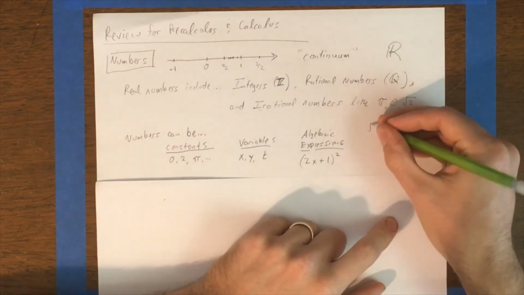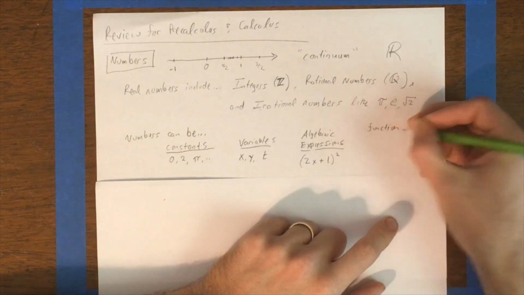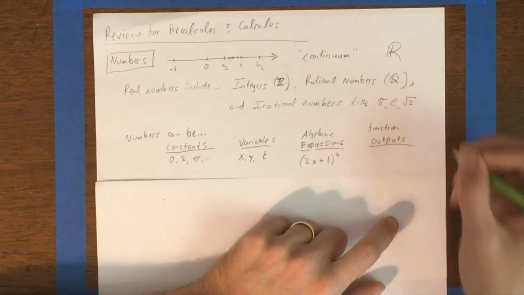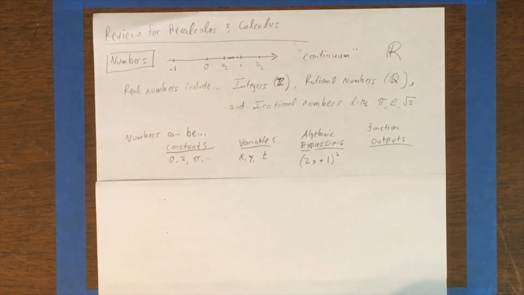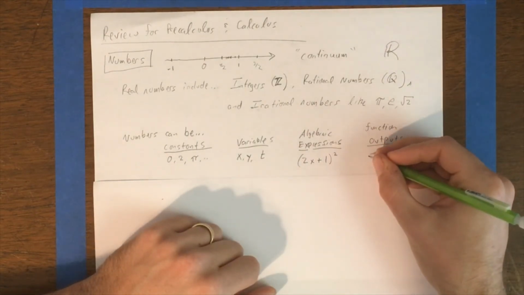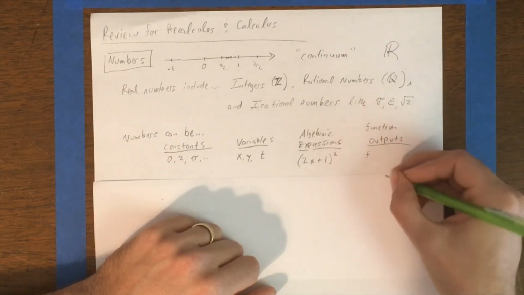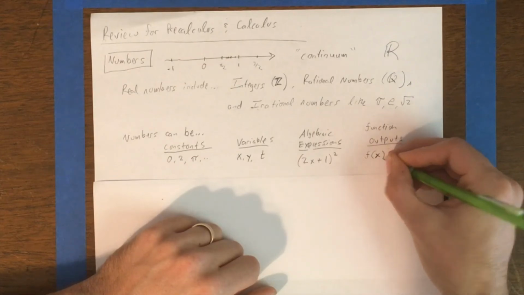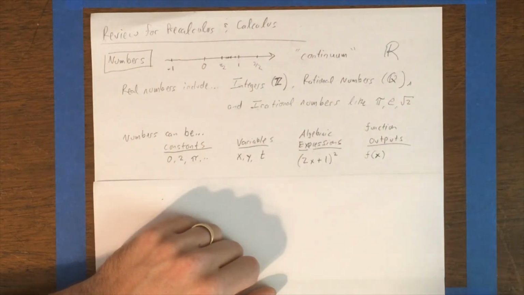One more thing on the end here is function outputs. For pre-calculus, we're not going to talk about functions for a little while. We're going to spend our first unit talking about equations, but later we will, so I'll bring it up here. If you have a function called f, the output of that function from either a variable or a constant input is a number. So we treat it like a number. You can add it to things, subtract it from things, talk about its inverse or its opposite.